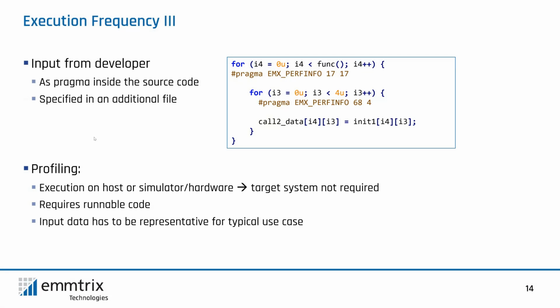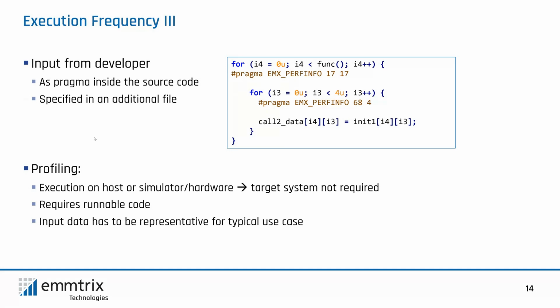Profiling would be executing the code, but we can do it on the host platform, so directly on my Windows PC, or why not on a simulator or different hardware. So the target system is not actually required. And as we are only interested in the execution frequency, this doesn't really matter. As I already mentioned, this actual execution frequency is not depending on the target platform.